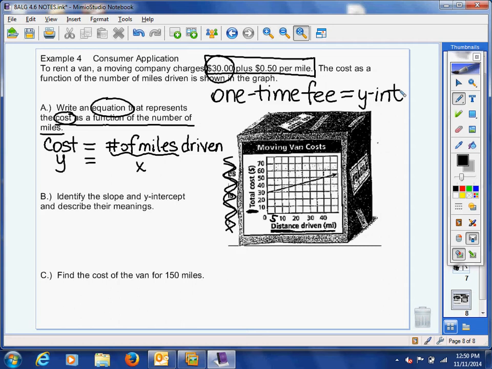That will always be your y-intercept, and in our equation, that's going to be B. That's true for every flat rate, one-time fee, numbers that don't have a variable attached to them. Anticipate that number being your y-intercept. Then they give us the plus, so we know we're adding to it. The cost is going to increase because we're going to be charged 50 cents for every mile that's driven.